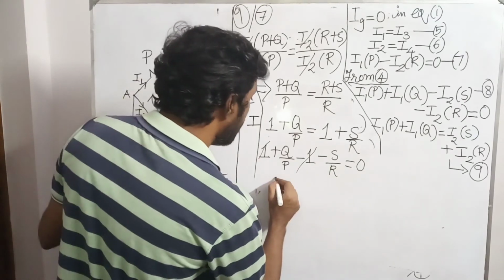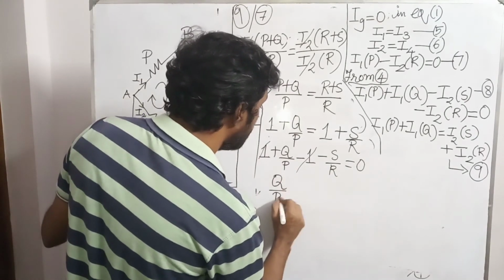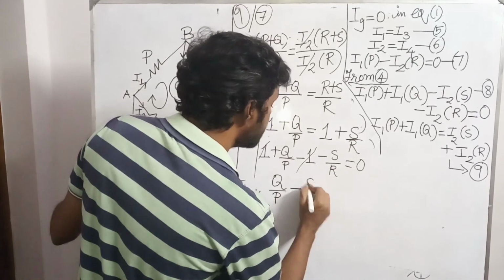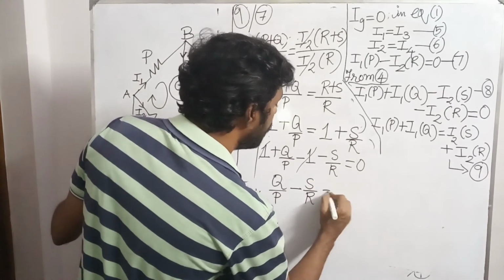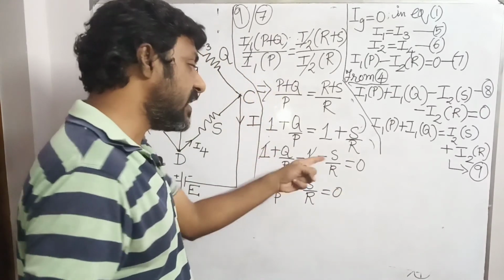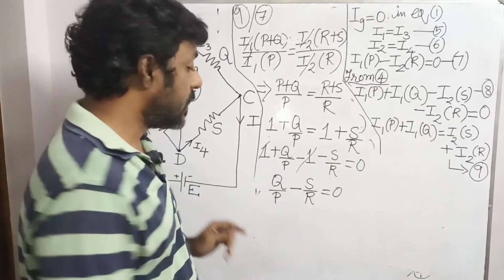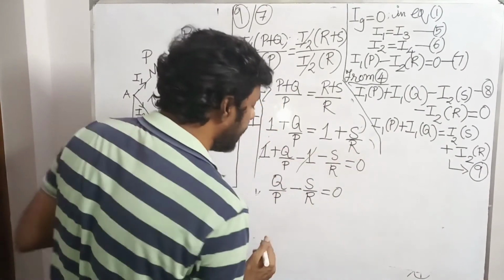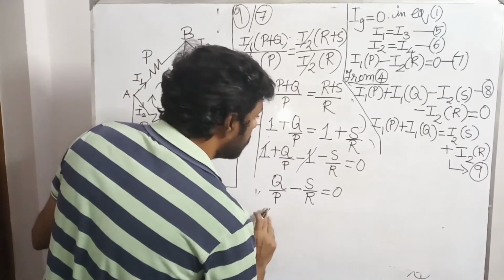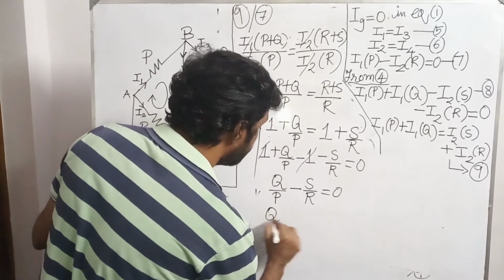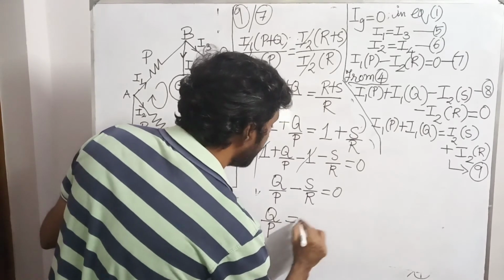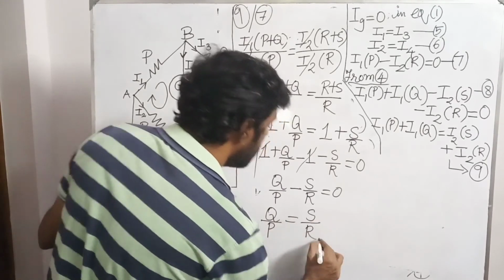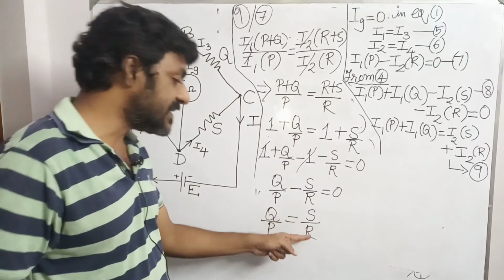So the resultant value will be Q by P minus S by R is equal to 0. Q by P minus S by R equal to 0. Now I am going to move this quantity towards the right hand side. So it will be Q by P equal to S by R. So Q by P is equal to S by R.